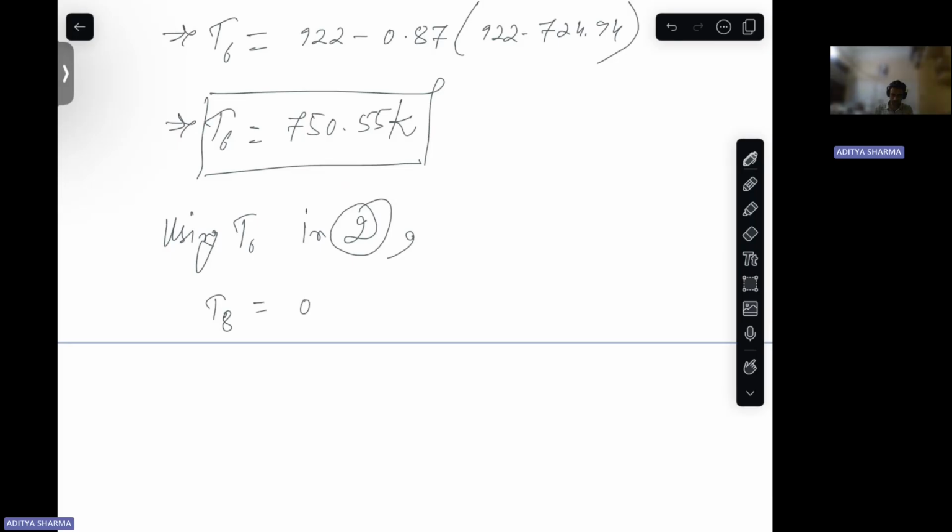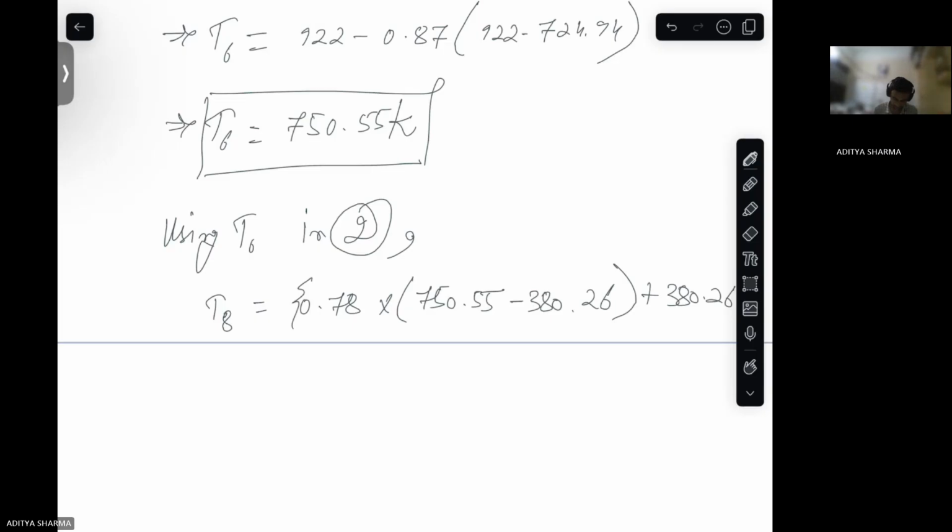T8 is equal to 0.78 into 750.55, because now we have T6 also, minus 380.26, plus 380.26. So this is your value for T8. And if you solve this, this will come out to be this much.